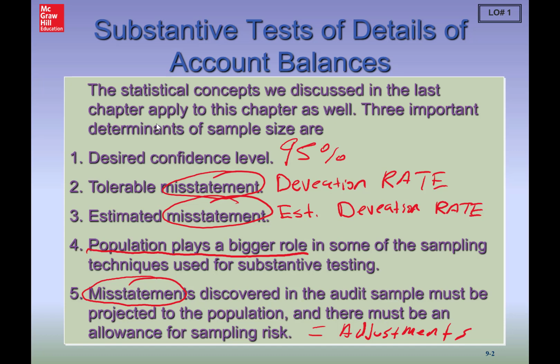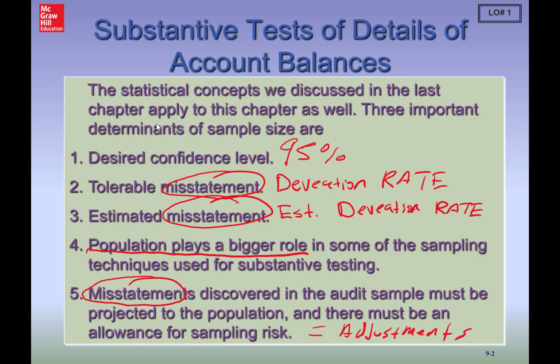That's why we talked last time about the concept of stratification, where you try to select larger dollar balances and send out confirmations of those large dollar balances, I think was the example we gave, so that you can have a smaller sample size. Maybe you only sample 5% of the population, but because you pick off those big dollar ones, you end up auditing maybe 30, 40% of the dollar value.